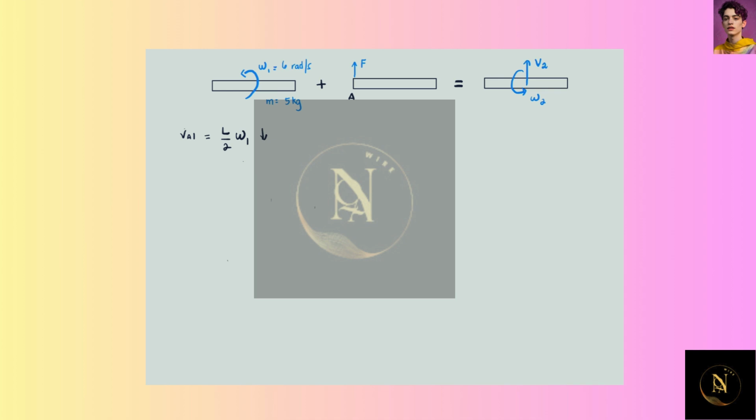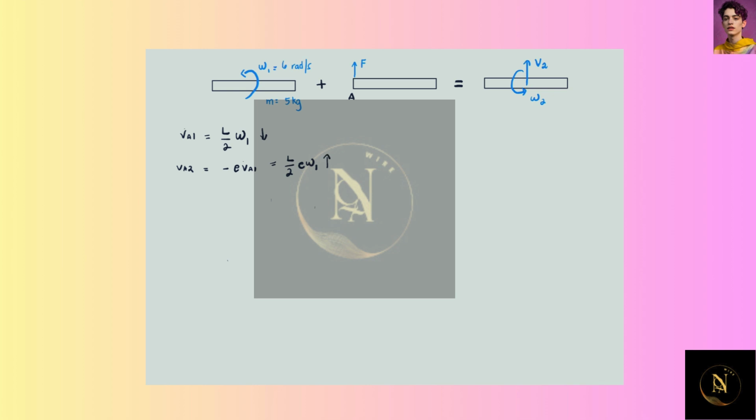Now, after the impact, the velocity at point A, VA2, is equal to negative e VA1, where e here is the coefficient of restitution. Substituting the equation for VA1, this would be equal to L over 2 e omega sub 1.